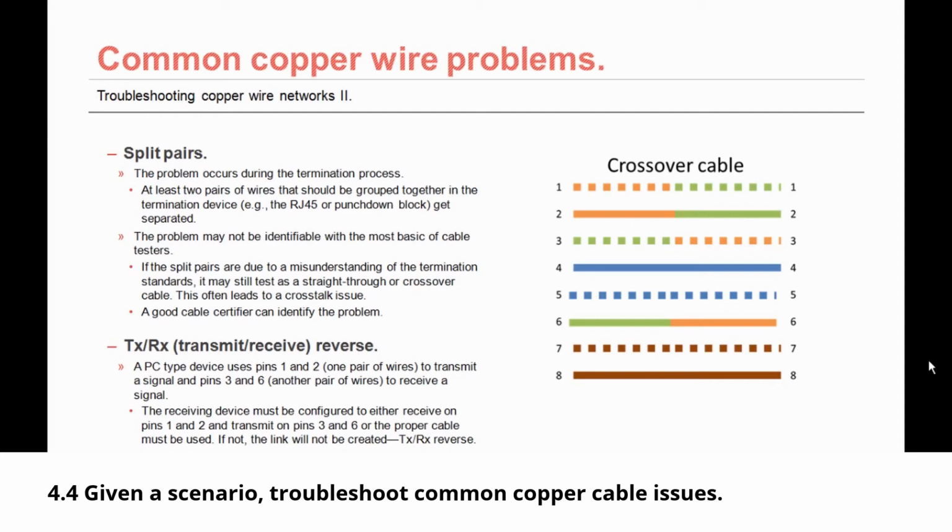The receiving device must be configured to either receive on pins 1 and 2 and transmit on pins 3 and 6, or the proper cable must be used, like a crossover cable. If not, the link will not be created. That is a TX-RX reverse. If the link fails to be created, check the pinout on the cables to ensure that a TX-RX reverse has not occurred.